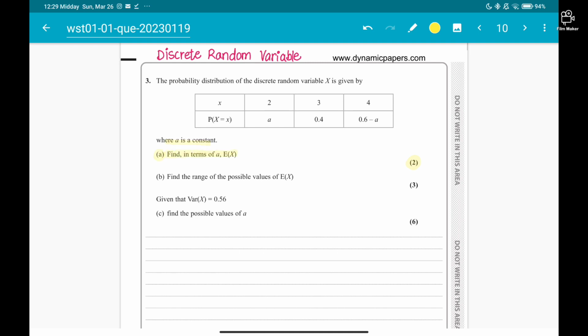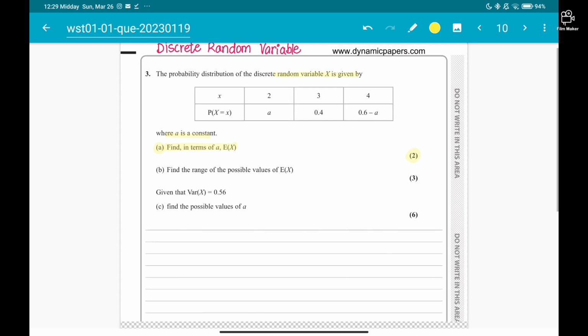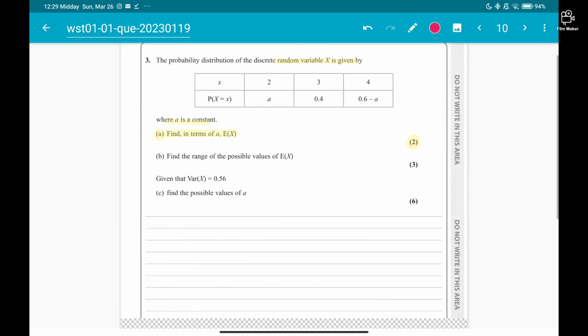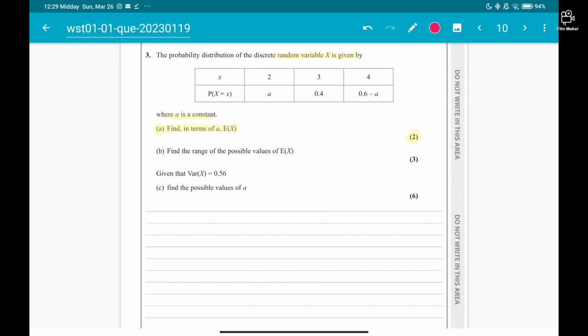Okay, so the mean of X is not a problem. It's a very simple formula in which you multiply the X value with the probabilities and add them, the summation. So part A will be easy: it will be the summation of X multiplied by the probability of X, and then you add all of them.